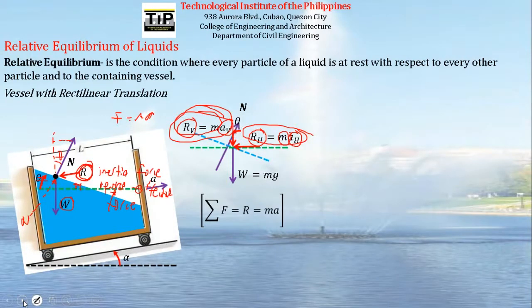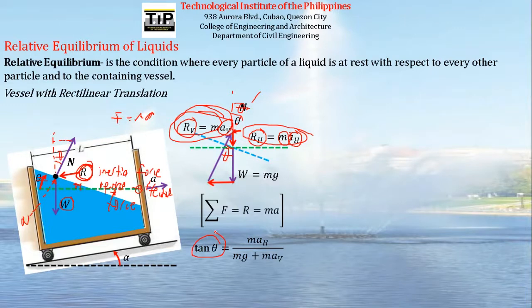Now we can draw a right triangle out of this. So here we have the theta. And this is also theta. So right triangle, using the tangent function.